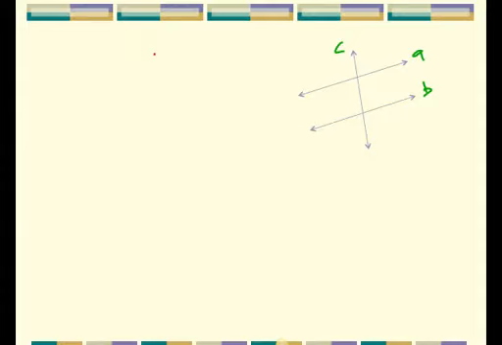A and B are the ones that are parallel, or the ones we're going to try to test to see if they are parallel. And we're given that A and C are perpendicular, and that angle 3 is equal to angle 4. And since they're a linear pair, that means that they both have to be 90 degrees as well.